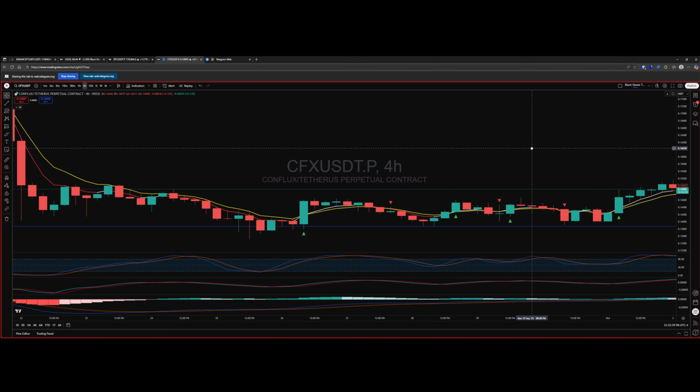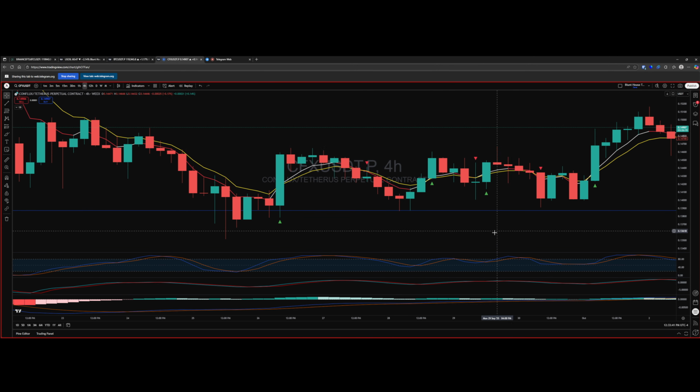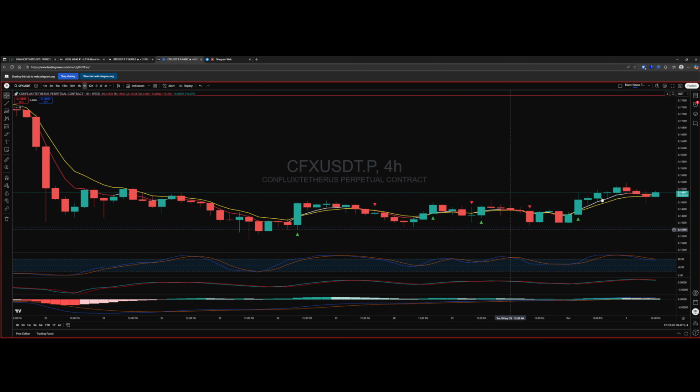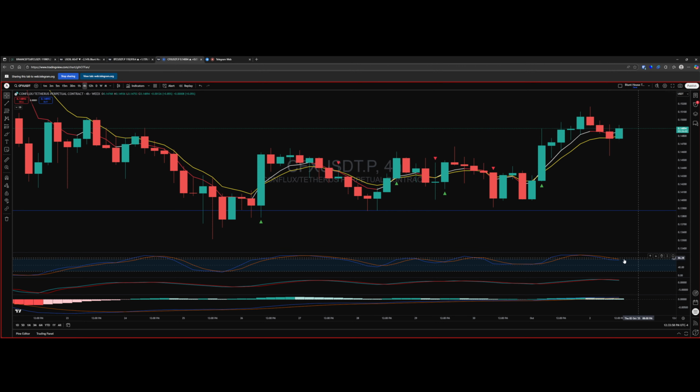So there's your move higher. These are simply 3 candles that don't break trend. So this is a retracement. That's it. And oh, look, next candle is green. And your momentum indicators are still very bullish.